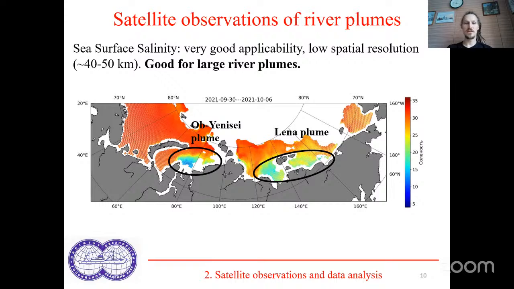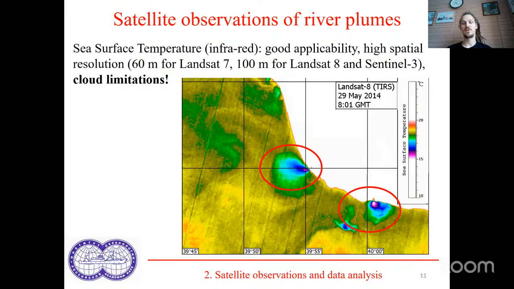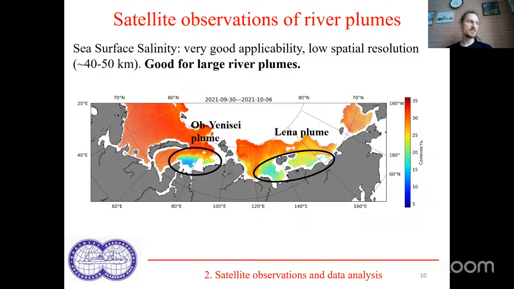So we can easily detect large river plumes, for example, the Ob, Yenisei and Lena plumes formed in the Arctic Ocean, whose spatial extents are hundreds of kilometers. For these big plumes, or for the Amazon plume, or the Mississippi plume, satellite salinity works very well, but for smaller plumes, it's not useful.